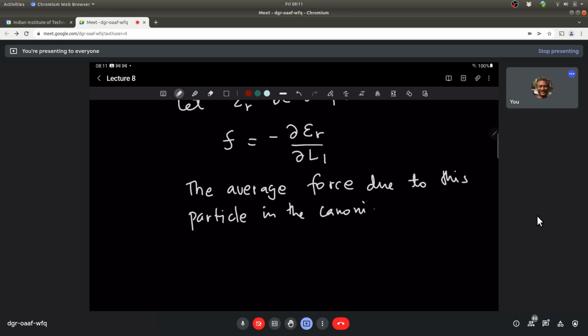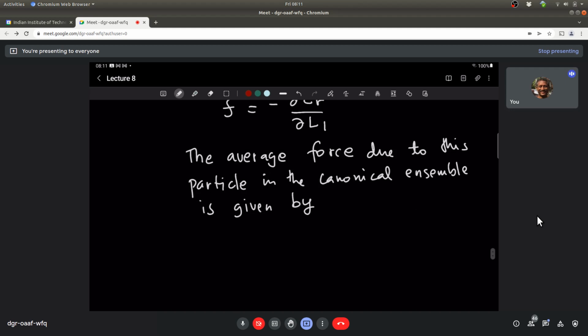I haven't finished writing my sentence, but what should you do? We know what the force is if it were in a particular state. How would we carry out the ensemble average? It won't be in this state because it can be in any of the states. So what should we write?